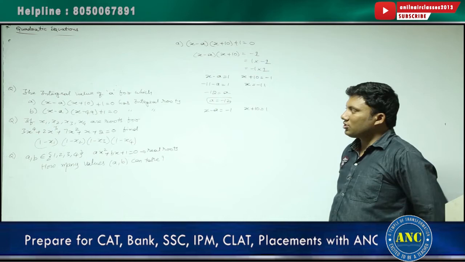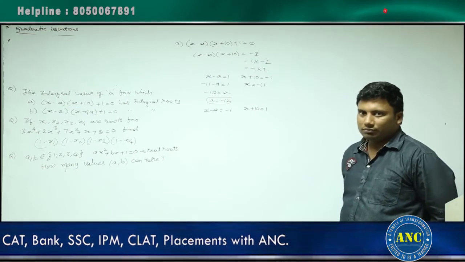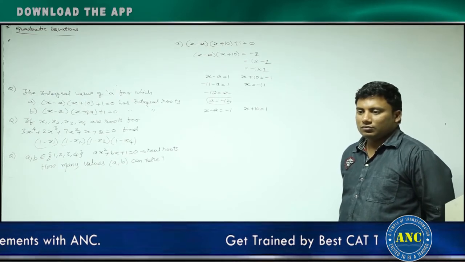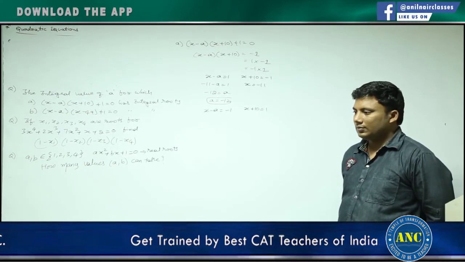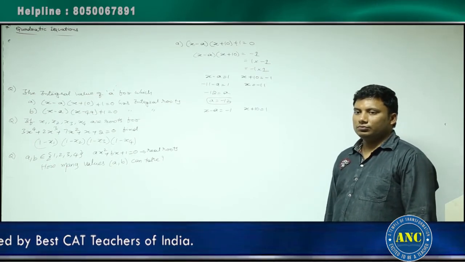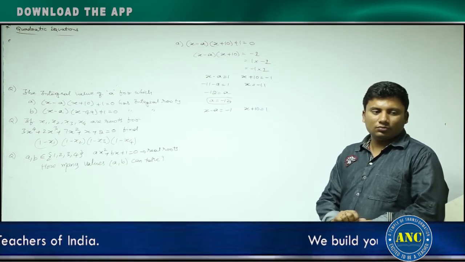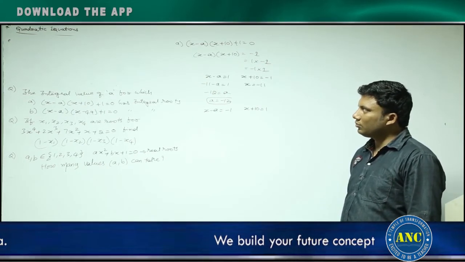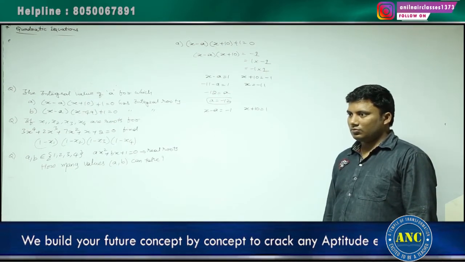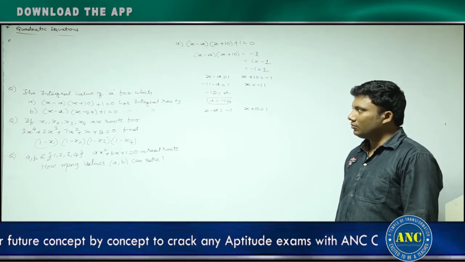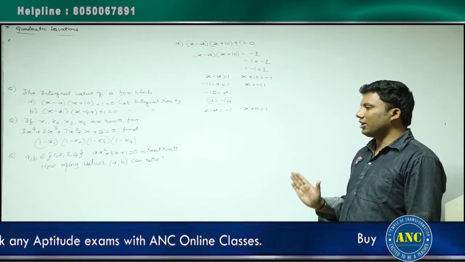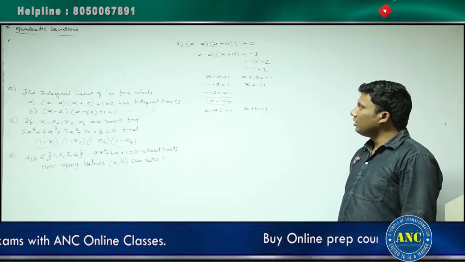Same like that, try to solve the B bit. Idea clear, right? A and B are similar. All are integral values, so minus 1 can be written as 1 into minus 1, and next as minus 1 into 1.